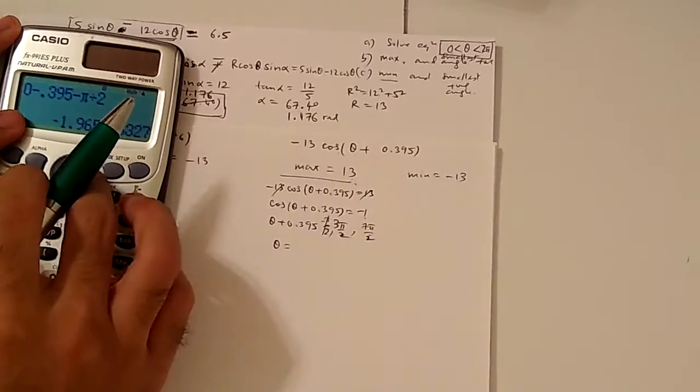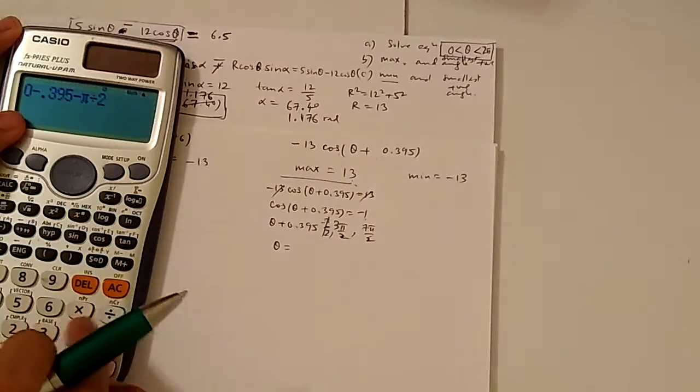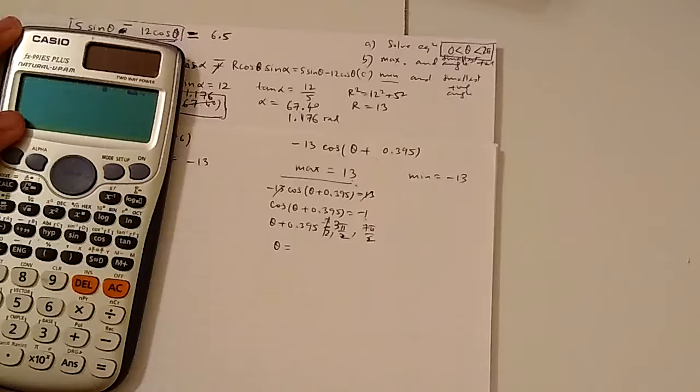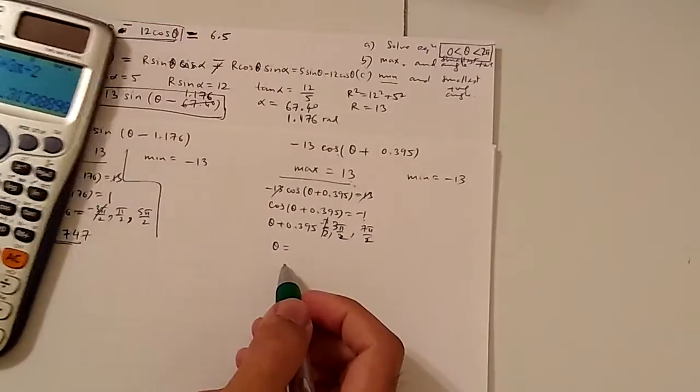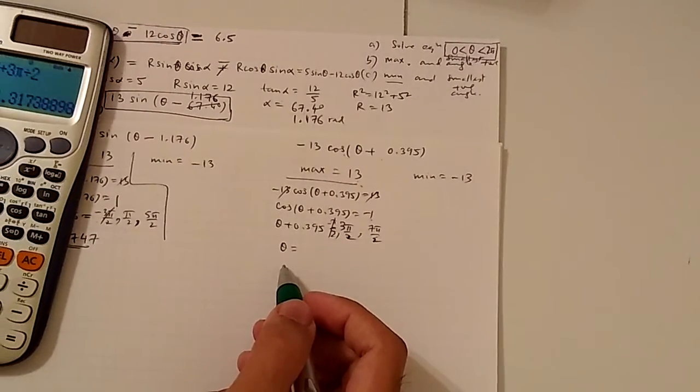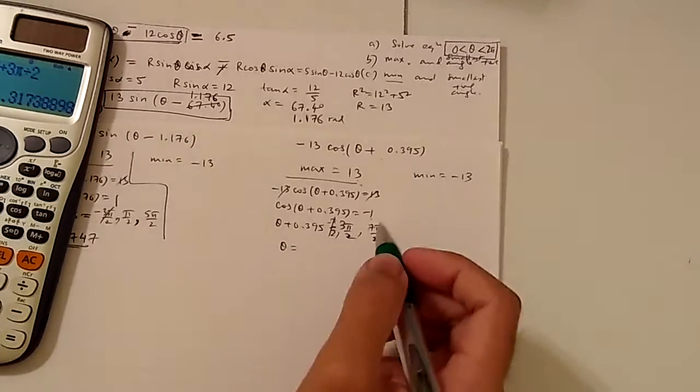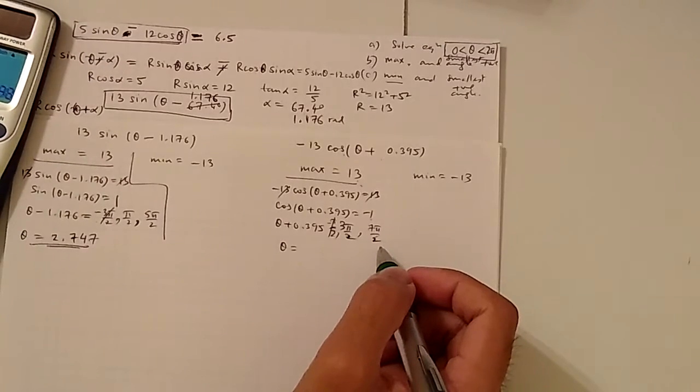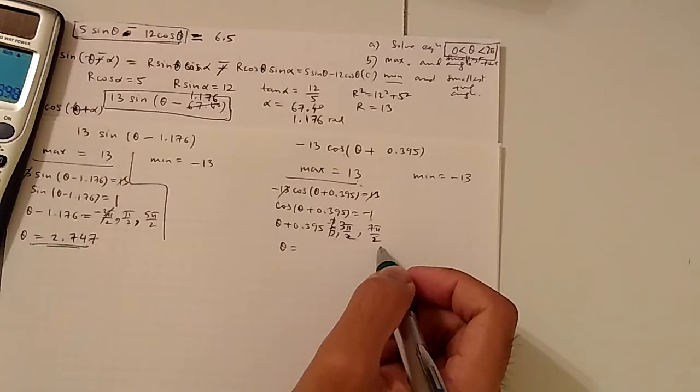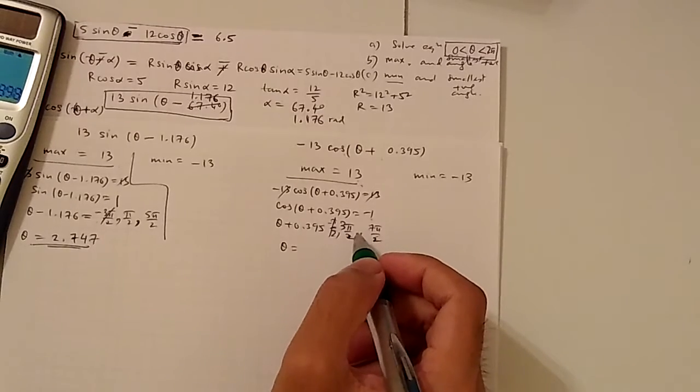Let's talk about 3 pi by 2. We have plus 3, we get 3 pi by 2, pi by 2, 3 pi by 2.